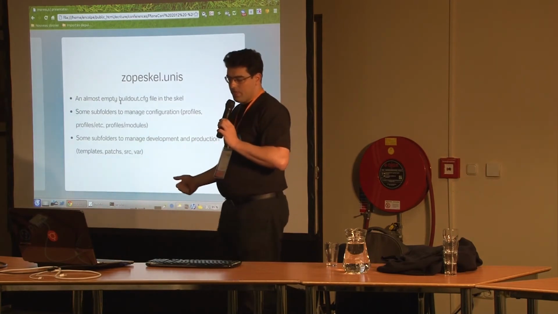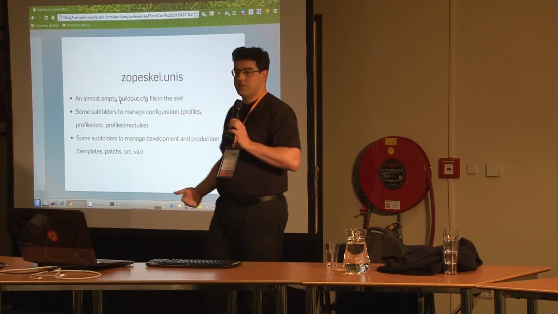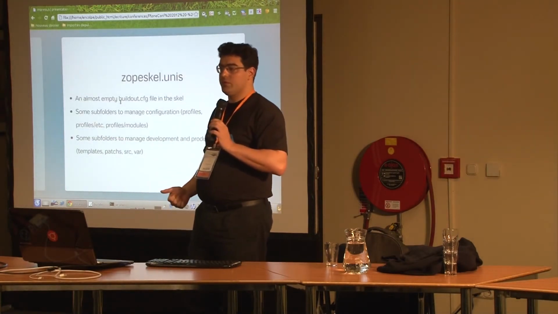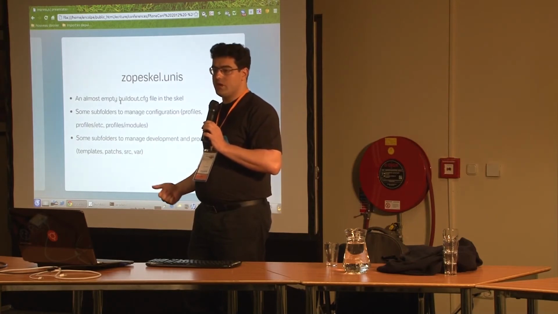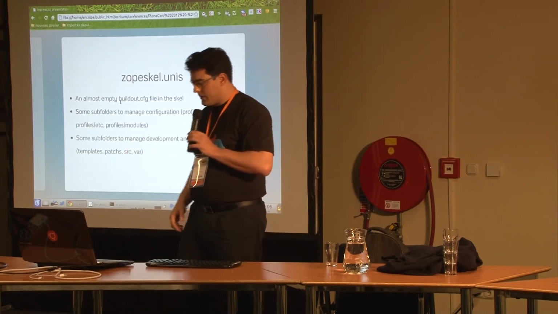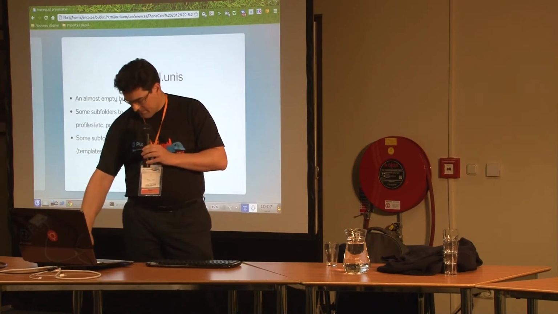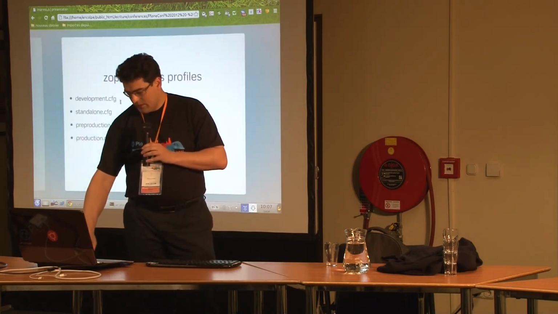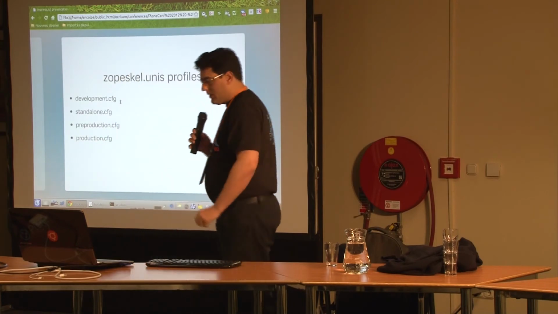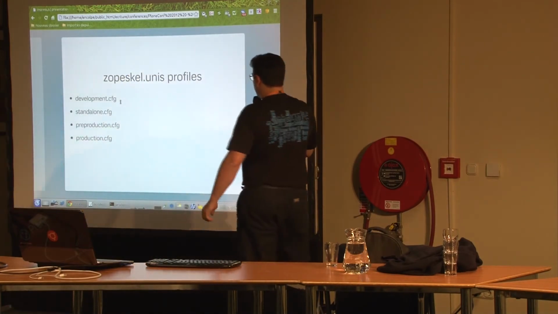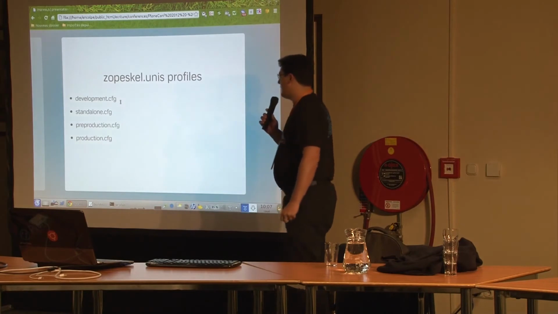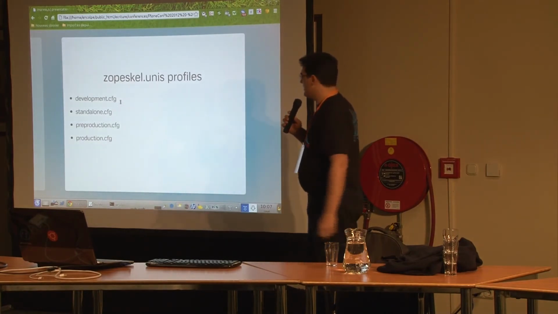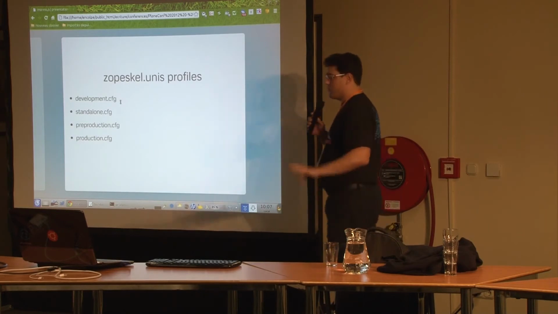We have a subfolder for patches, a subfolder for templates when you have configuration files for HAProxy or Varnish and so on. Currently, we have 4 working profiles, and we are working on one more for Jenkins to be really generic.